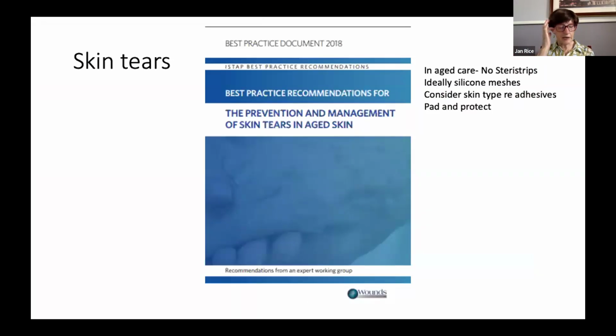Now, specifics in wounds. There are all kinds of documents out there. Not every wound has a best practice or a consensus document. But skin tears are so common. There are a number of papers out there on best practice recommendations for the prevention and management of skin tears in the elderly or in the vulnerable, because it's not always elderly. It can be the very, very young.